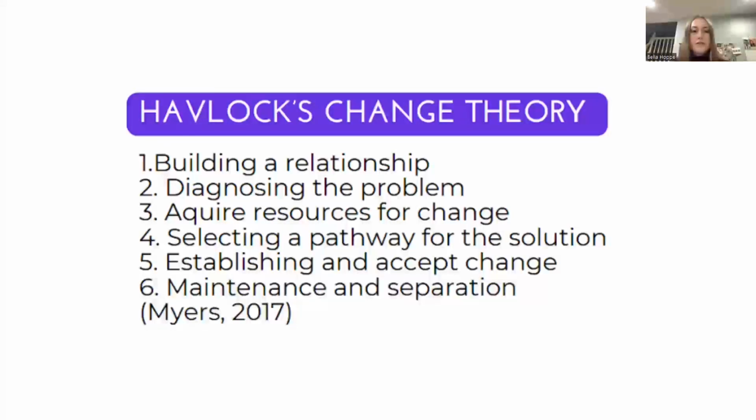So for our change theory, we chose Havelock's theory, which provides 6 steps that lay out innovative change that is both attainable and sustainable for change in the future. So the first step is building a relationship. And with our population, the conversation would be started in the healthcare team within the long-term care facility.